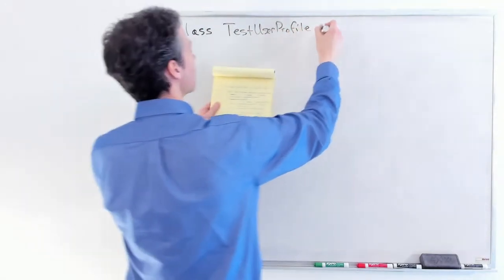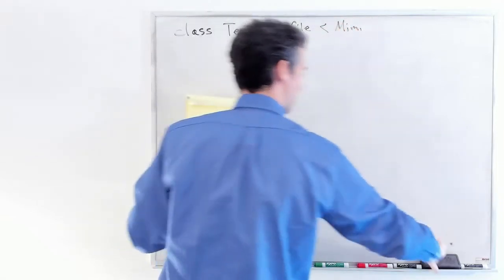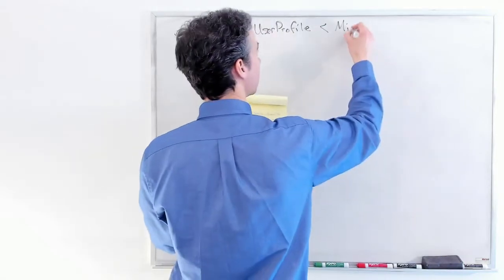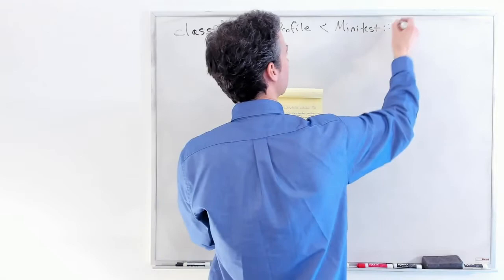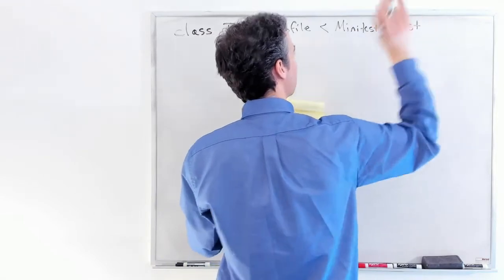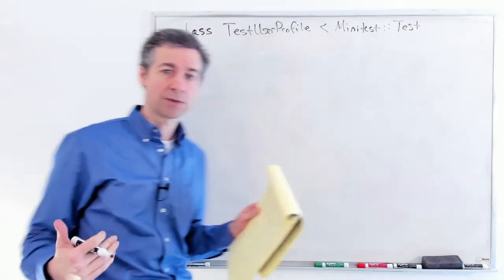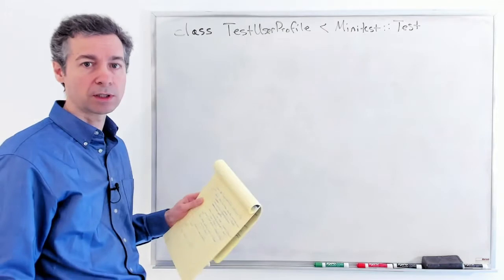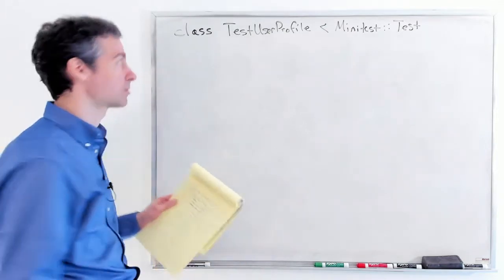And again, this is an example where I am testing outside of Rails, so all I'm doing is inheriting from Minitest::Test. In Rails, we would always inherit from the appropriate derived class, whether we're doing our model tests, controller tests, or our system tests.